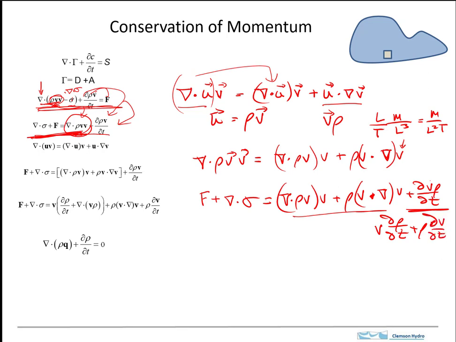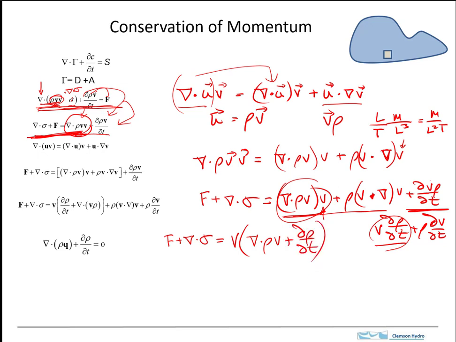Okay, so what I'm going to do now is take that term and group them together. So I'm going to rewrite all this stuff. And this term and this term, see that V, there's a V there that I can pull out. And then I've got that.